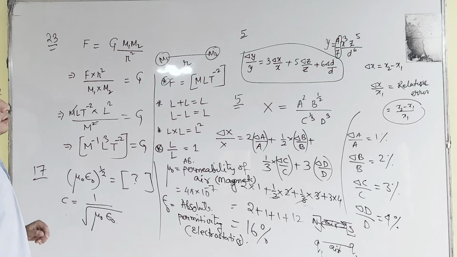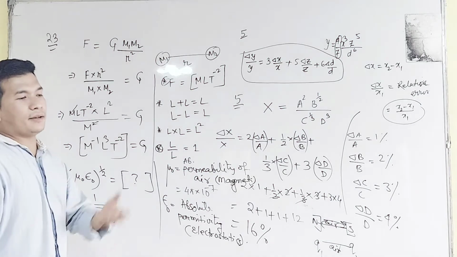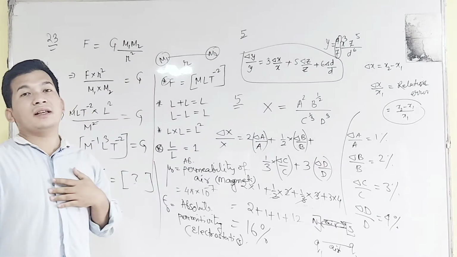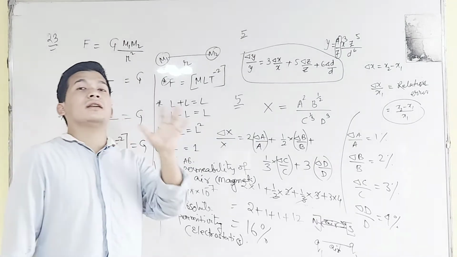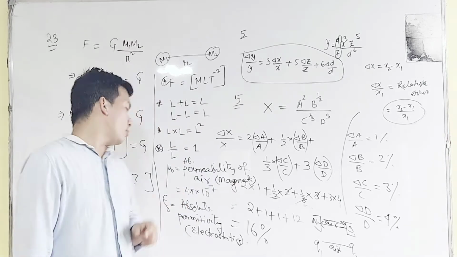The speed of light, speed of a car, speed of a human being, it doesn't matter. Speed is a physical quantity, so it will have one specific dimensional formula.